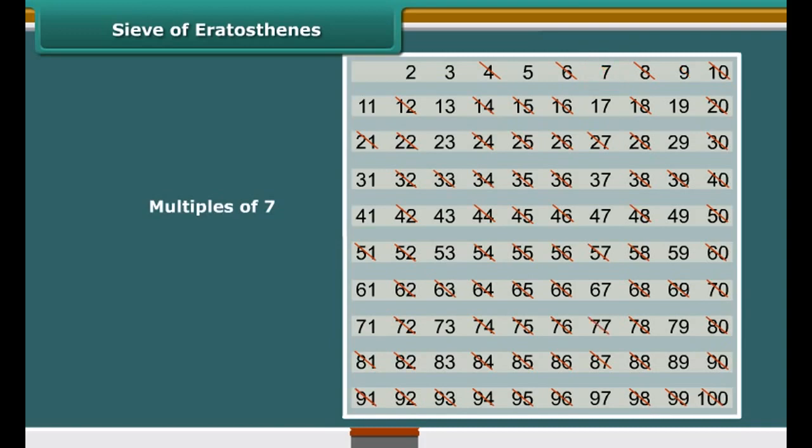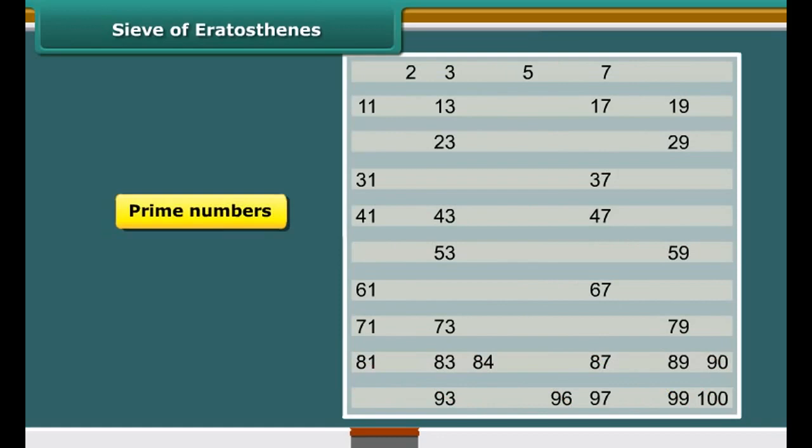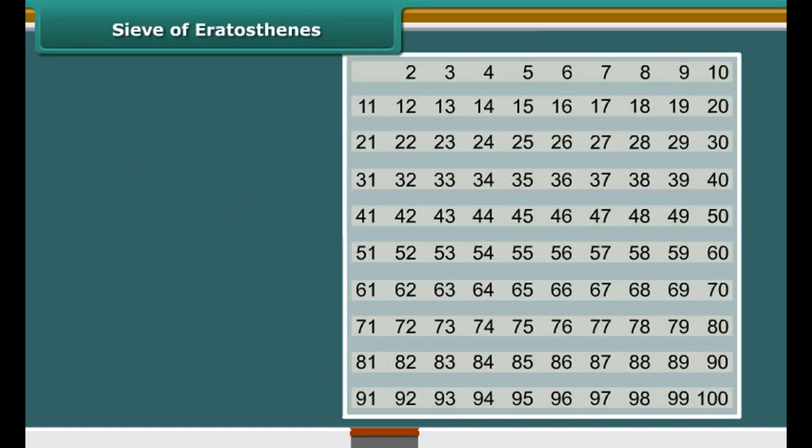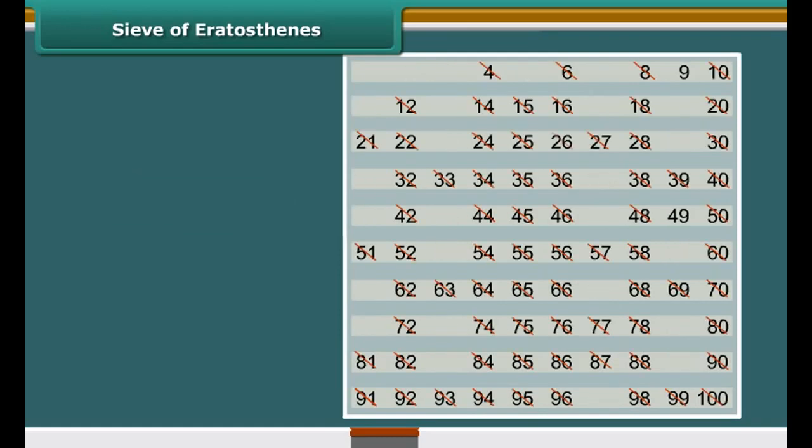Encircle 7 and cross out all the multiples of 7 other than 7 itself. All the uncrossed numbers are prime numbers. All the crossed numbers other than 1 are composite numbers. This method of isolating prime numbers is called the sieve of Eratosthenes.